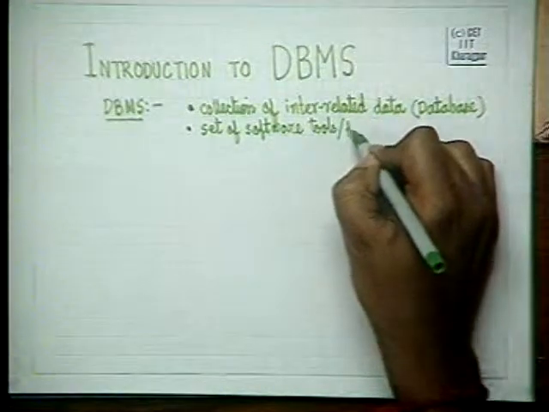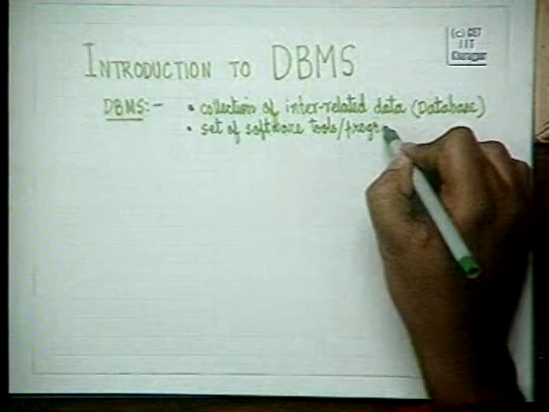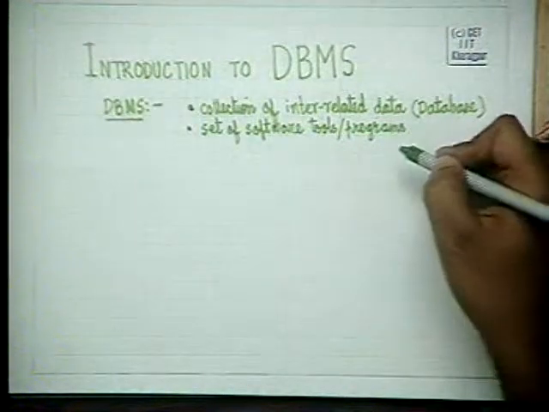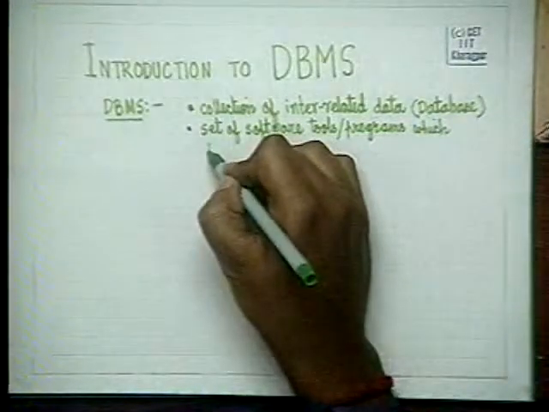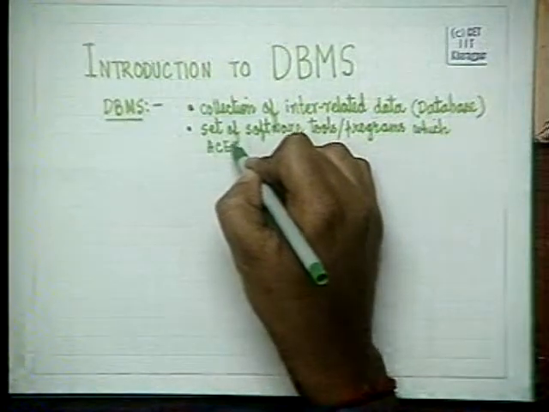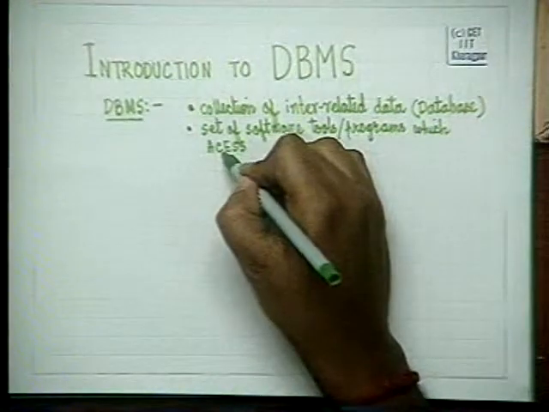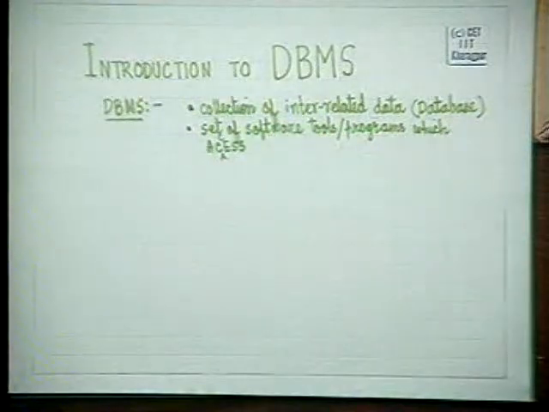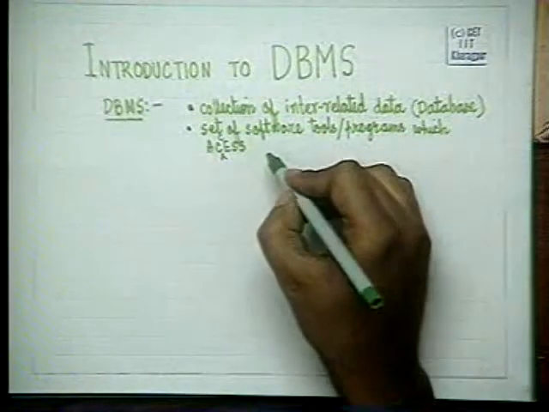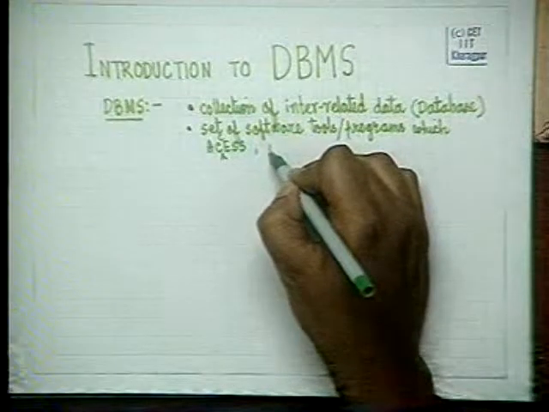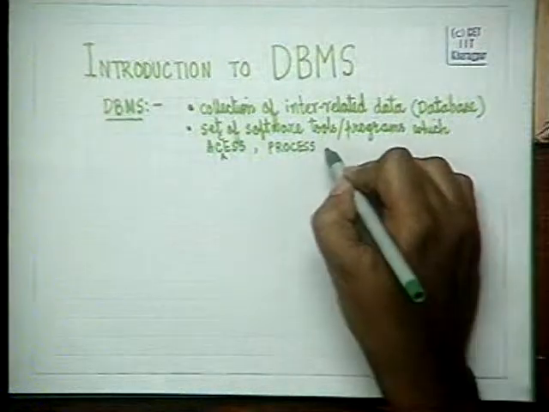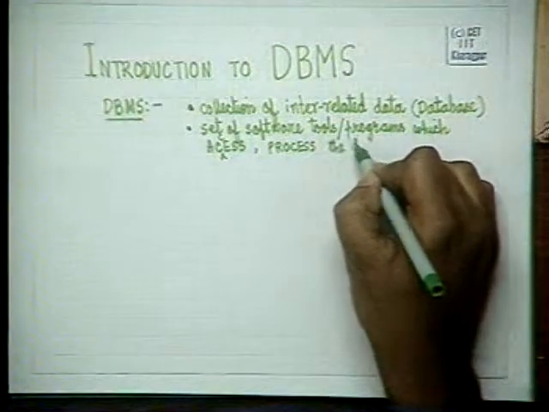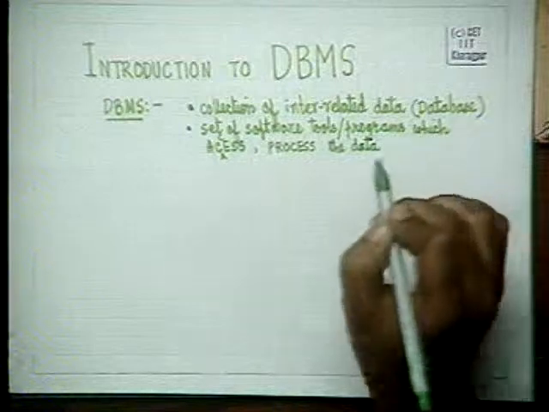or programs in the most simple sense, which are able to do two things on the data. It must first access the data, and the other thing that it can do is process the data, this data which resides in the database.